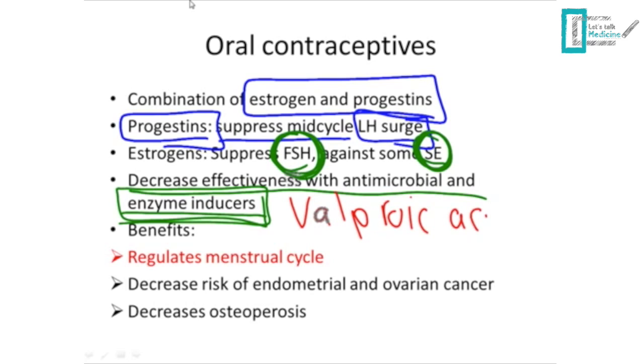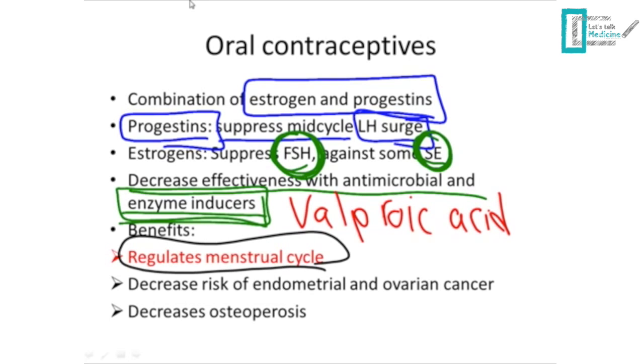Okay, so what are the functions of the oral contraceptives? It regulates the menstrual cycle. Sometimes it's used to regulate the menstrual cycle when females have a disturbed menstrual cycle. Okay, and of course it's an oral contraceptive, so it prevents pregnancies.